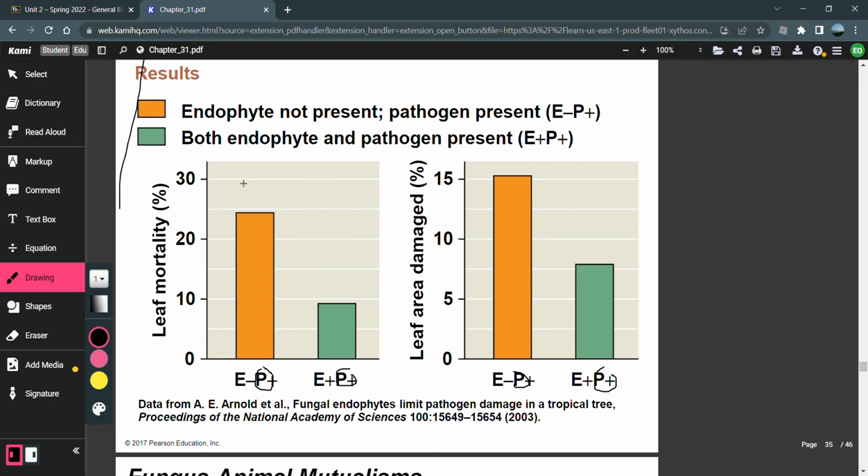So here in this plant, let's call this plant A, the plant did not have the endophyte fungus, but was exposed to the pathogen. Plant A suffered greatly because the leaf mortality was high, causing a disease. Now, a plant with both the fungus and the pathogen did not lose much of its leaves due to the disease.